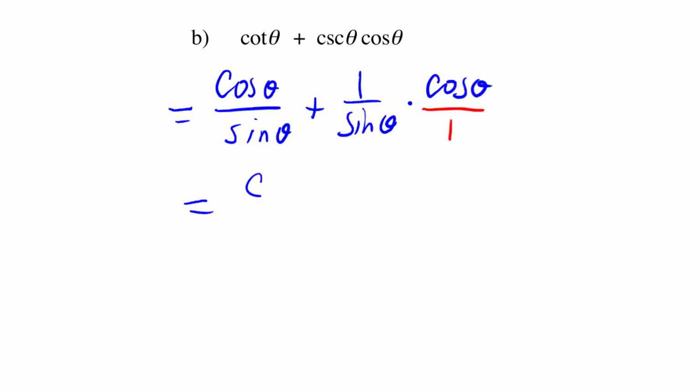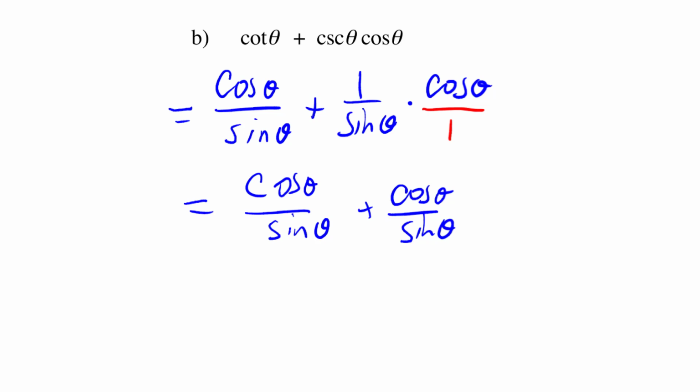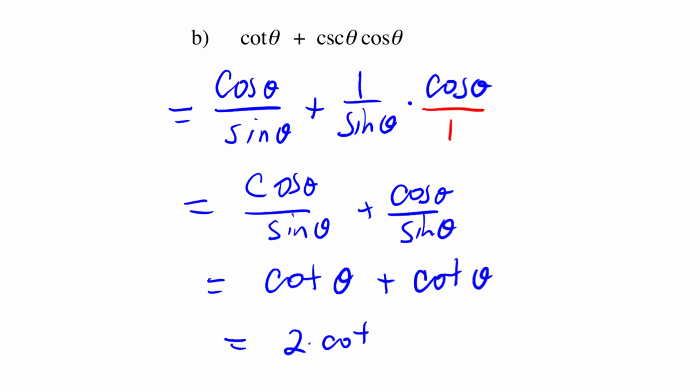Cosine theta over sine theta plus cosine theta over sine theta. Nice. Well, each of these fractions can be rewritten as cotangents. So that equals cotangent theta plus cotangent theta. And, just like x plus x is 2x, this is 2 times cotangent theta. Pretty nice.